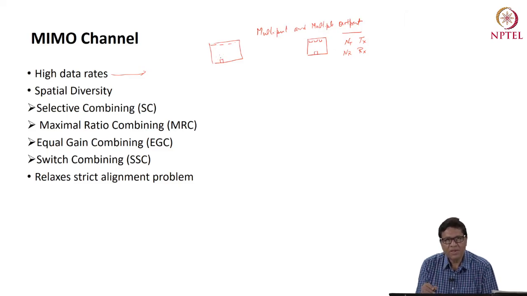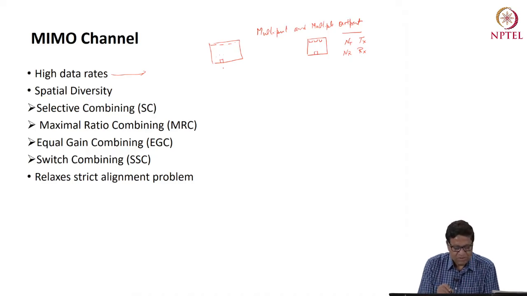Then there are individual channels between one transmitter and one receiver, and those are not very high speed. But if you can have many such individual channels, then you can get the advantage of high data rate. So this is one use of MIMO channel.